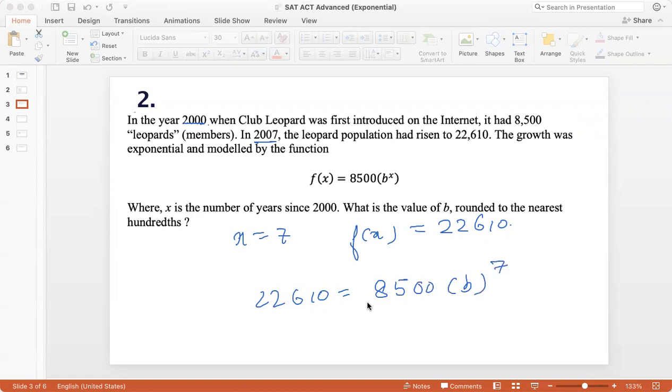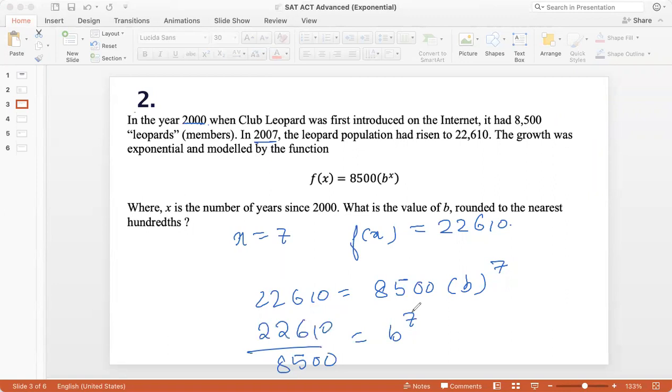So let's plug this in the calculator. What is 22,610 divided by 8,500? Because if I write 22,610 divided by 8,500, I'll get b^7.